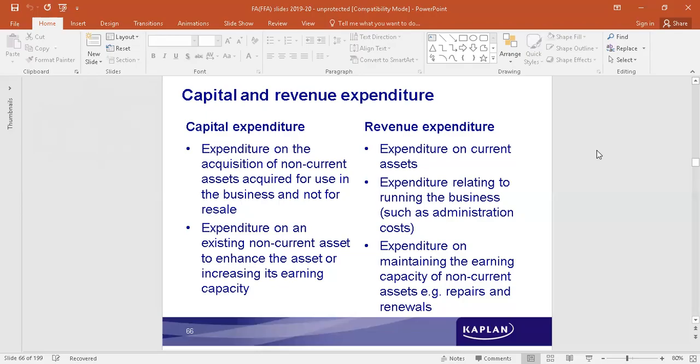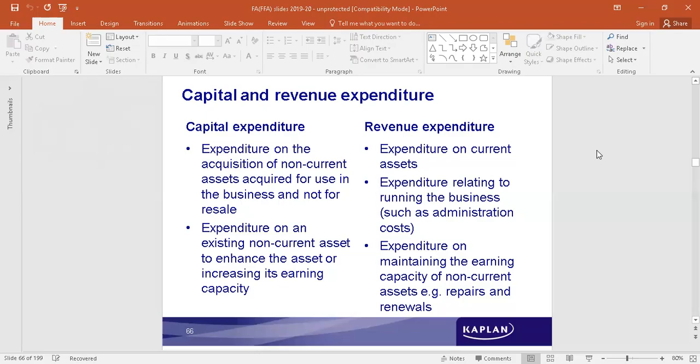If they are irregular, very rarely taken up, we call them capital expenditure. Another point of difference is that the benefit from revenue expenditure is for a short period of time. The benefit received from capital expenditure is for a longer period of time, because the capital expenditure enhances the earning capacity of the firm.